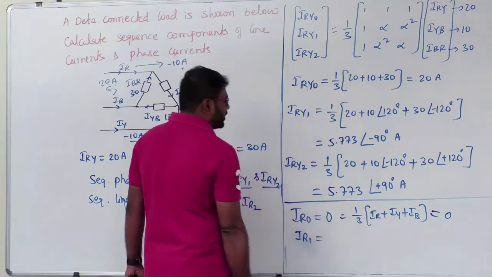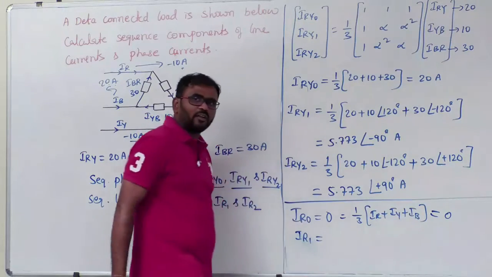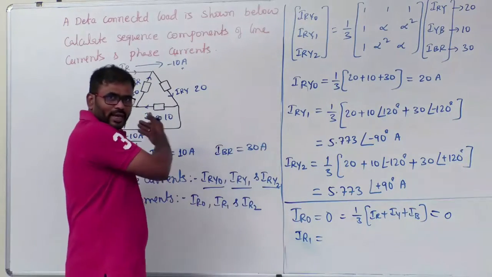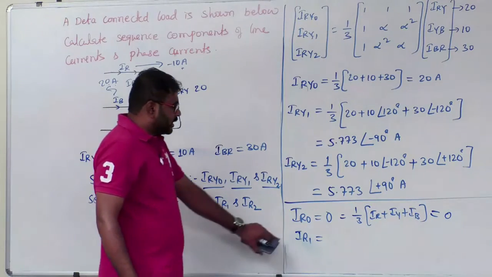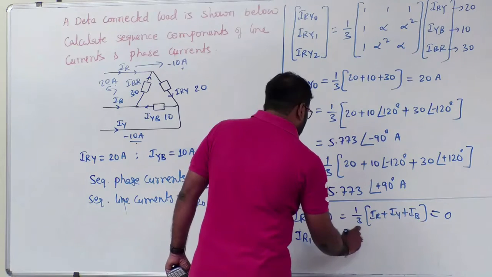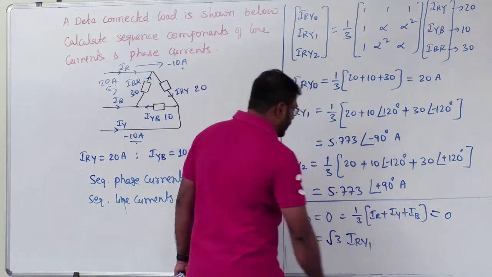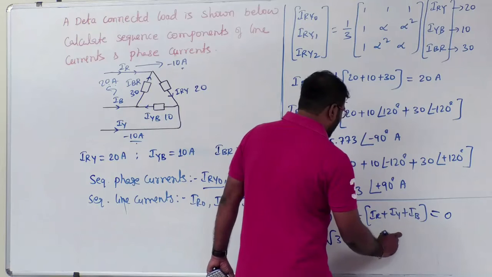So what about IR1? IR1 we can calculate using the relation 1 by 3 times IR plus alpha IY plus alpha square IB. That is one method. Another method is that the line current equals root 3 times phase current. The line current equals root 3 times the phase current at an angle minus 30 degrees.